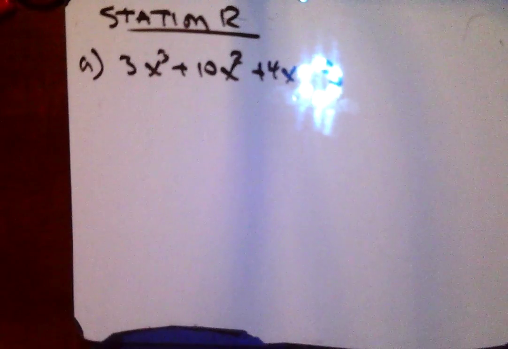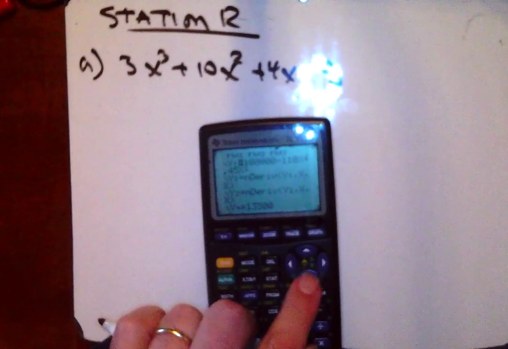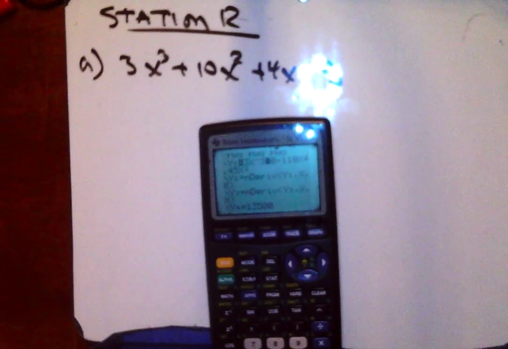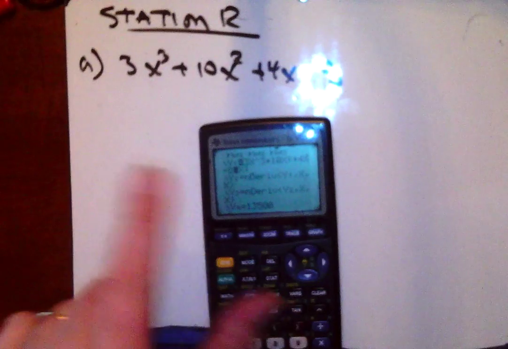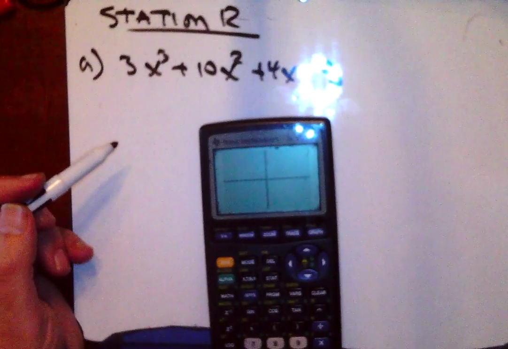There was an old school technique, but we're not doing that anymore. Instead, we're supposed to take out that calculator and graph 3x to the third plus 10x squared plus 4x minus 8. I'm going to go back to the standard window, zoom standard, and see what happens.